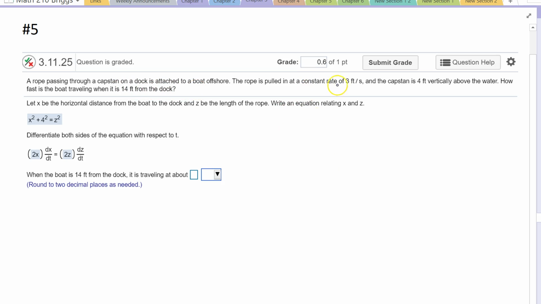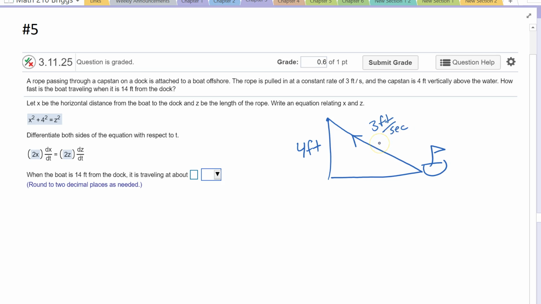The rope is being pulled in at a constant rate of 3 feet per second. The capstan is 4 feet vertically above the water. So we have something like this: we have this boat out here, this is 4 feet above the water, and this rope is being pulled in at 3 feet per second.